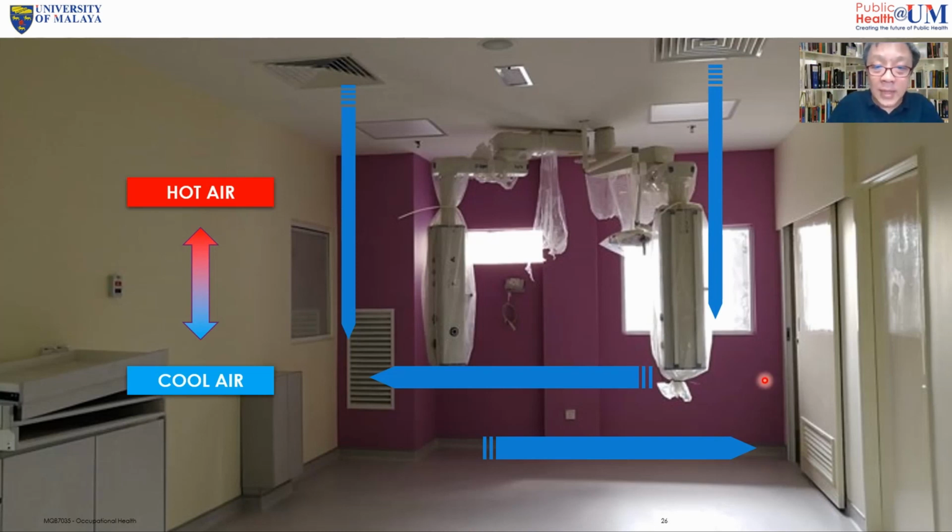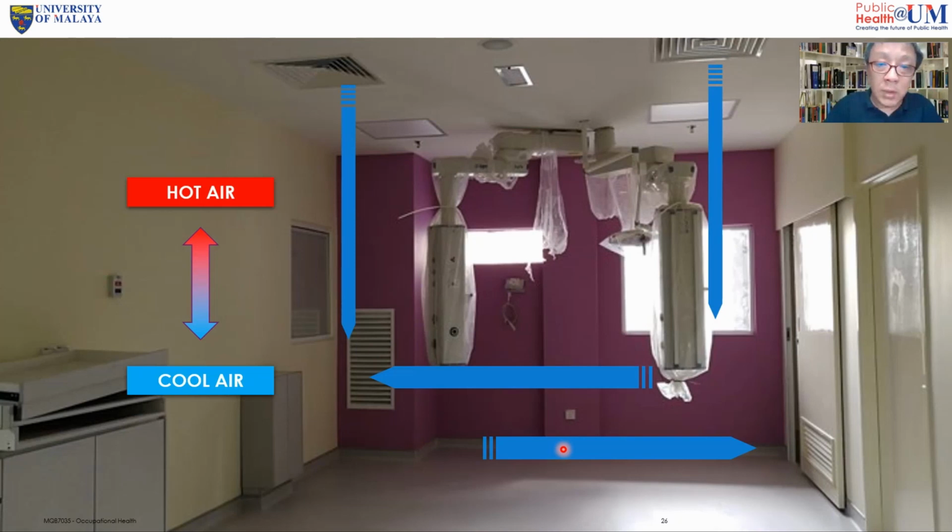So if I'm standing on top here and my patient is down here, I would reduce the chances of getting infected because of the laminar flow. Usually with laminar flow, the air exchange is around 20 times per hour, and it needs to be cooled properly. So 20 times or more per hour.